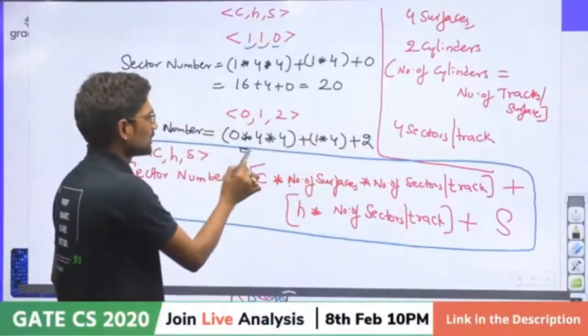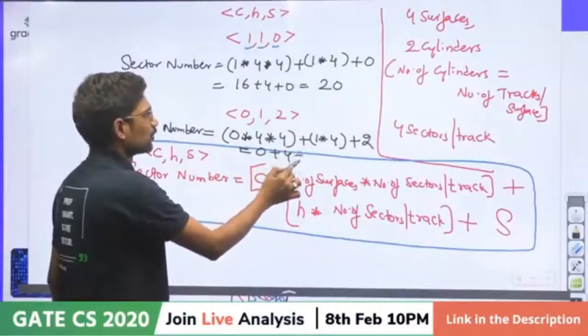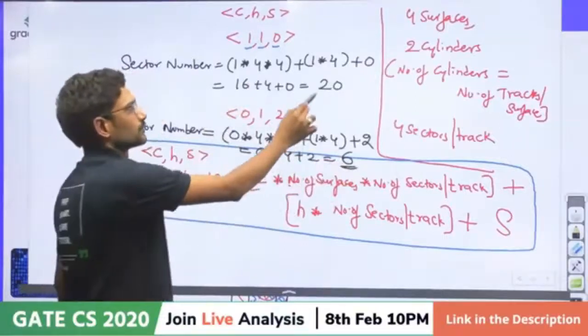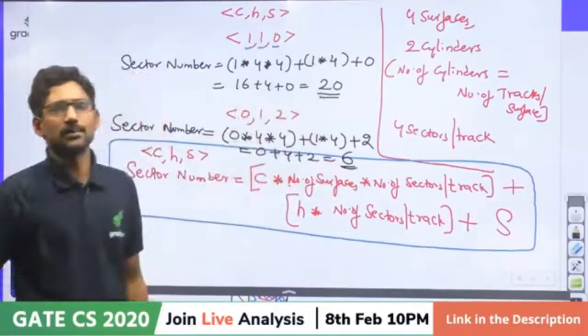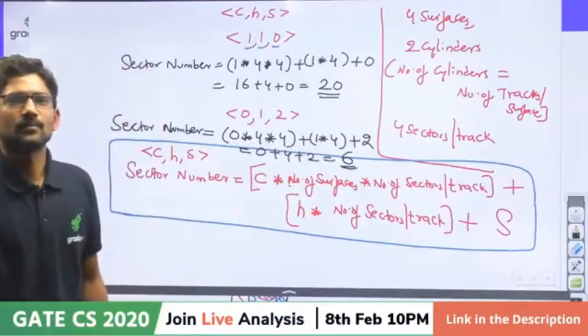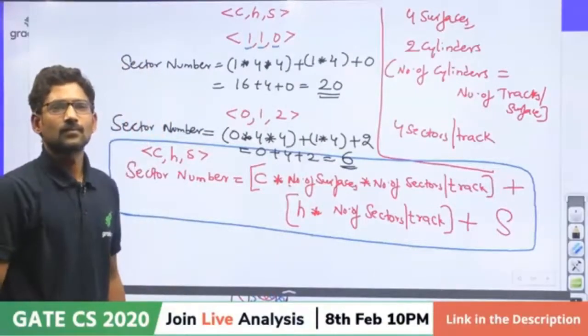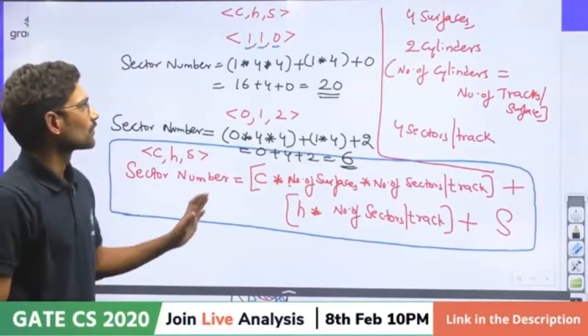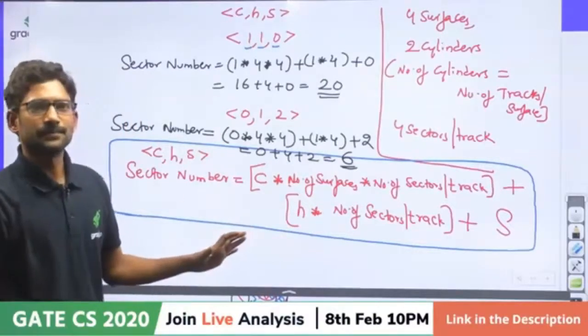So what is this? 0 plus 4 plus 2, which is 6. So have we got the sector number correctly? Got it?